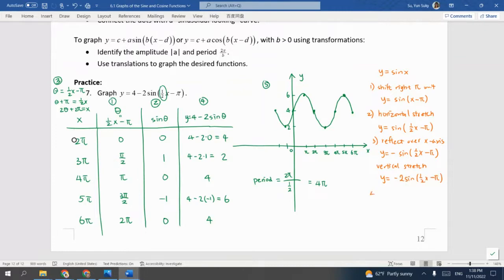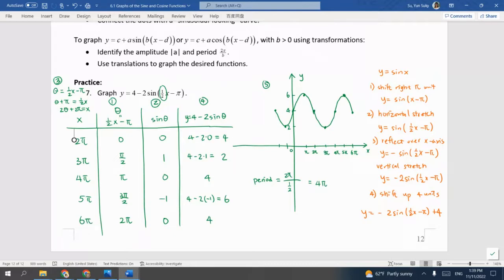Finally, what happened to the 4? Shift up. Yeah, up 4 units. So we have negative 2 sine of 1/2 x minus pi, plus 4. So these are the transformations. In exam 3, you don't need to do this. You only need to draw the graph of the transformations. Yes, everybody?